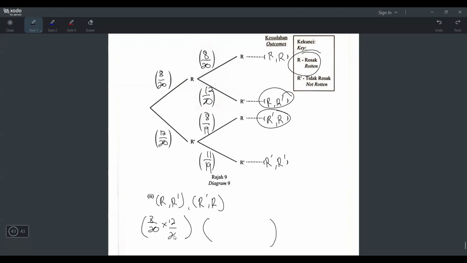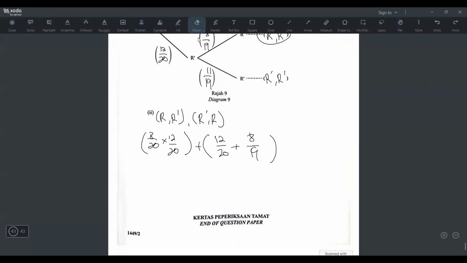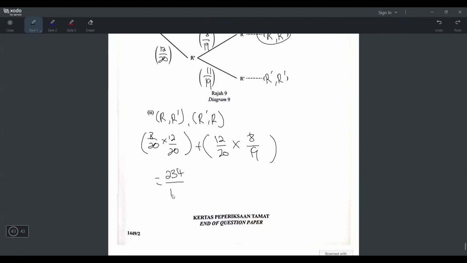And then the other one is R prime, R, so 12 over 20 times 8 over 20. Since these are different selections, I have to add. Inside the bracket I have to multiply, but in the middle you have to plus. Now you can press your calculator, and if you press correctly, you'll get 234 over 1475. So that's the answer.